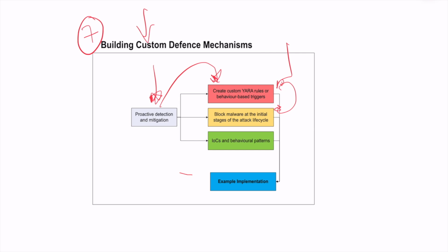And third would be to update firewall and endpoint policies based on the IOCs and behavioral patterns observed during the analysis. One example implementation would be to deploy automated responses to isolate endpoints exhibiting behaviors such as repeated unauthorized file access or excessive outbound traffic.